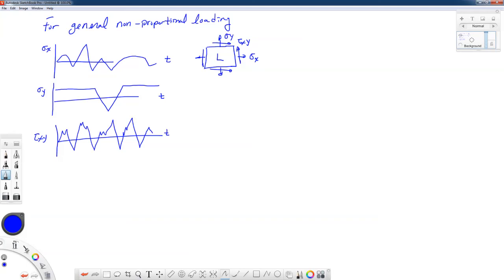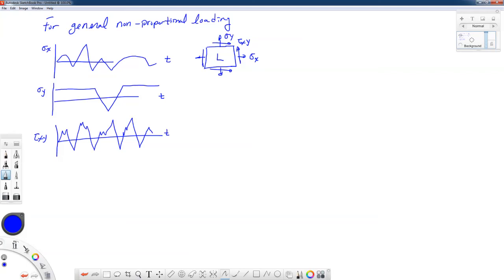You really have to look for non-proportional loading in general components. The tendency for components in industry in a lot of cases would be for proportional loading, particularly near very critical spots, or maybe hot spots you might call them, for fatigue damage in components.